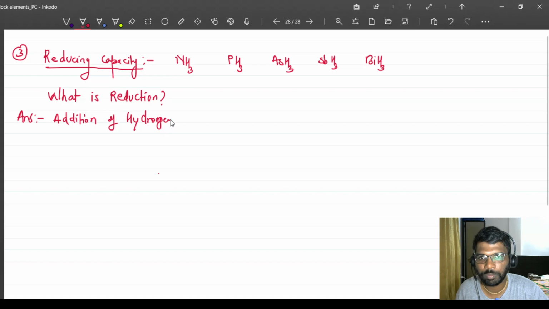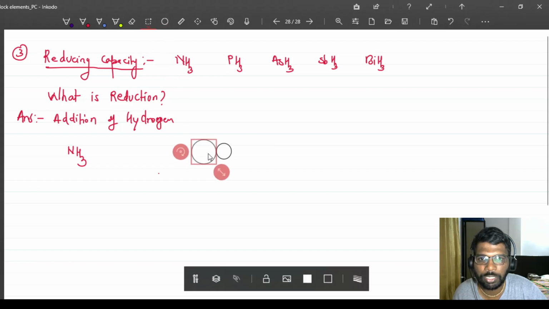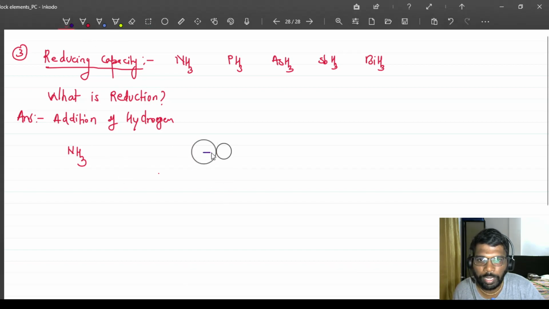Now, with respect to bond length, this is nitrogen in NH3, and this is the size of the hydrogen atom. As we go down the group, the atomic radius increases.